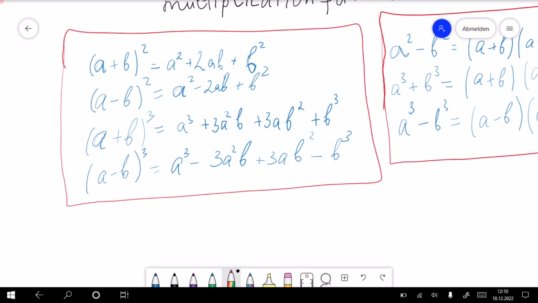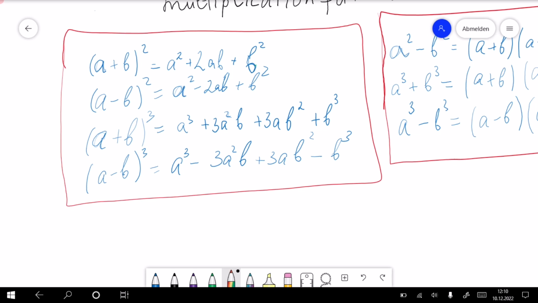The third and fourth formulas are a little bit more complicated. They are called the cube of sum and cube of difference. A plus b cubed equals a cubed plus 3a squared b plus 3ab squared plus b cubed.